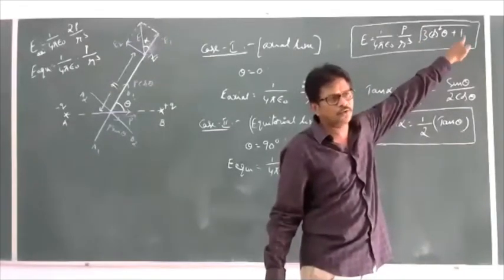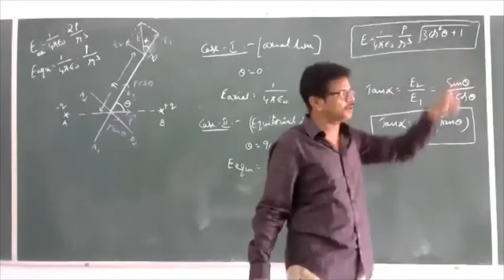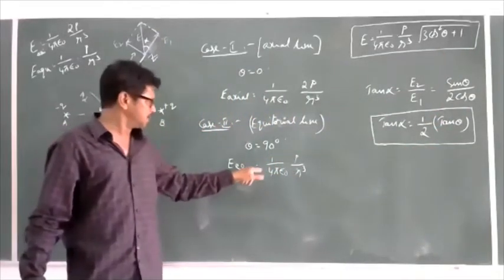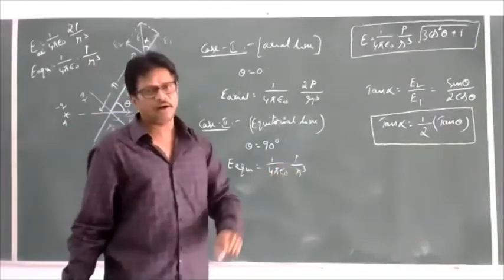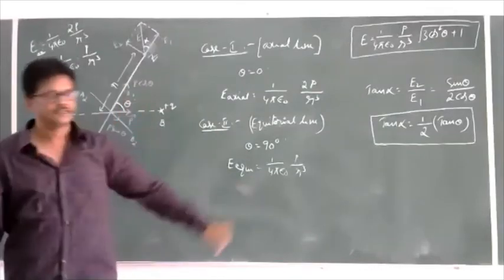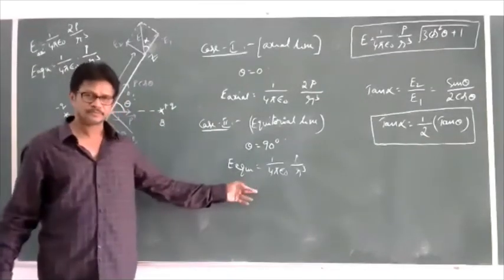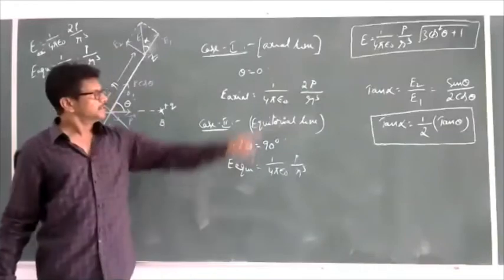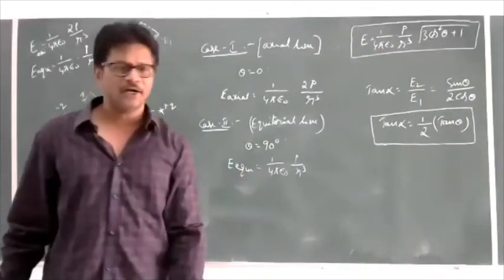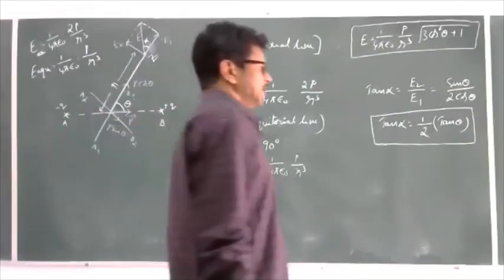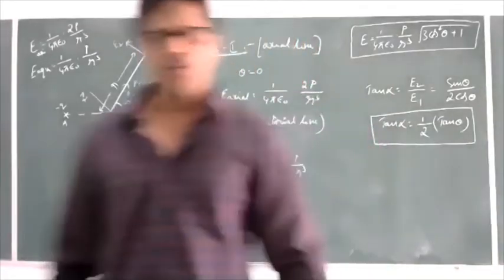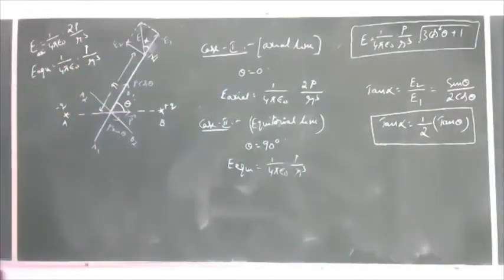So we get only 1 here, and the square root of 1 is also 1. So E equatorial is equal to 1 by 4 pi epsilon naught, p by r cube. The same formula we got day before yesterday. So this is the basic formula to find the electric intensity at any point due to an electric dipole.